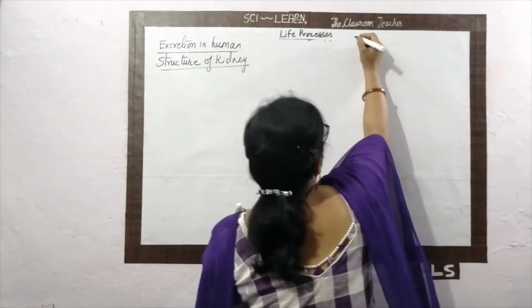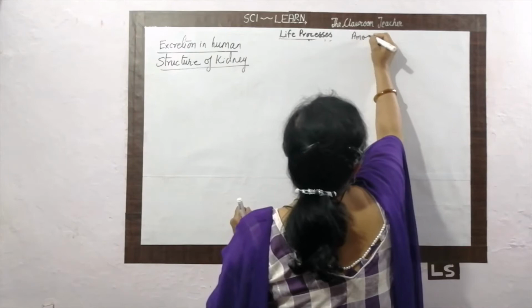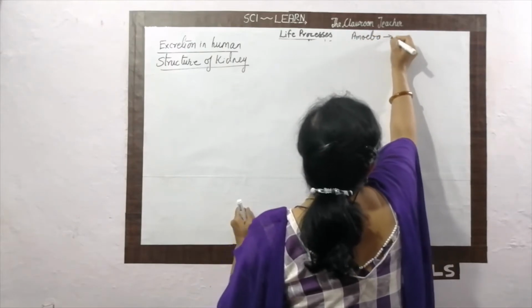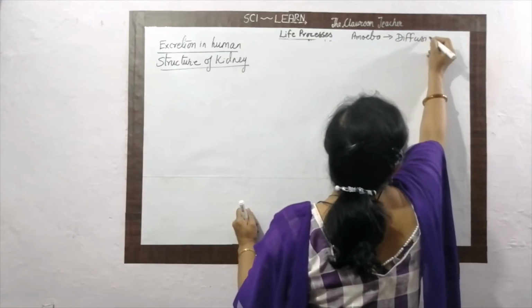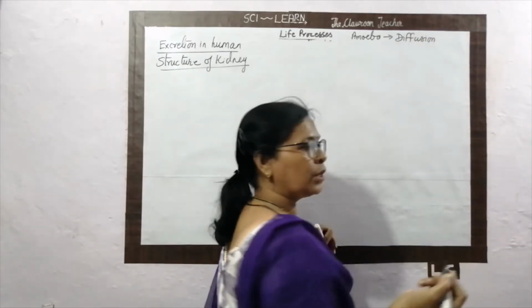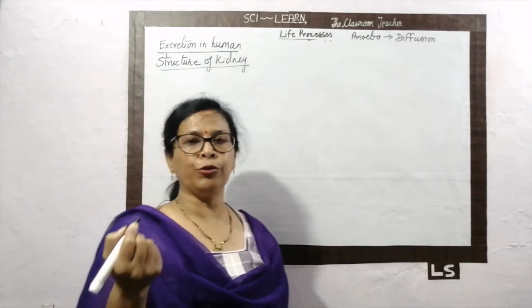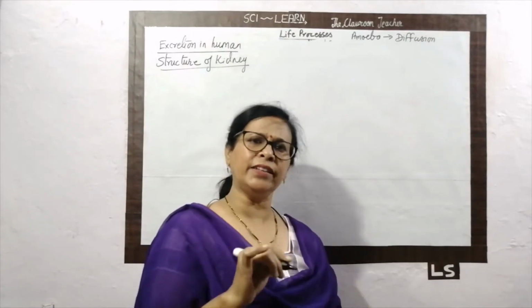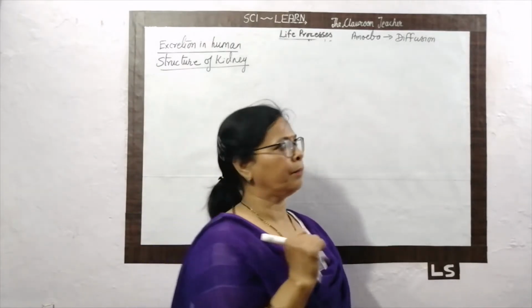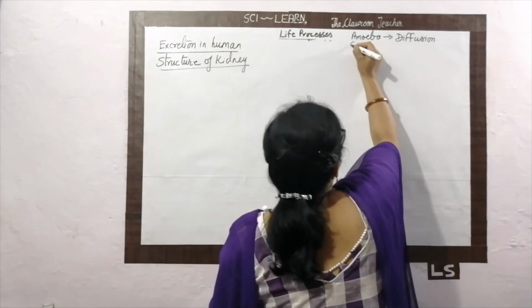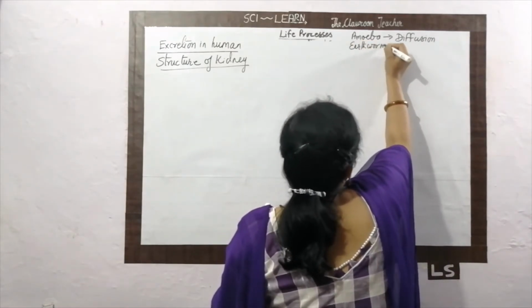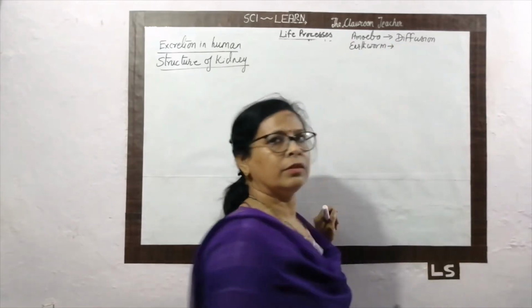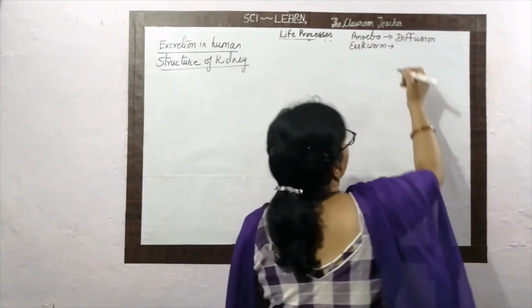You have to remember, in amoeba, the process of excretion is through diffusion. As we know, it is a simple unicellular organism, and it diffuses waste out. It completes its needs with the help of diffusion only. In earthworms or insects, the unit of excretion is called nephridia.